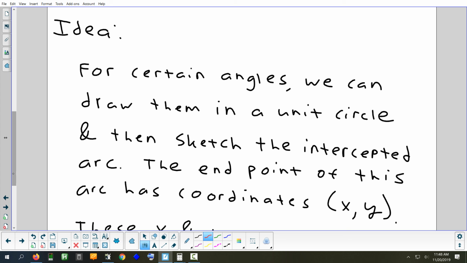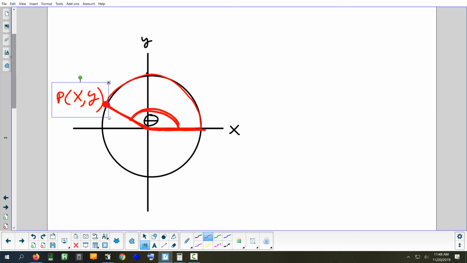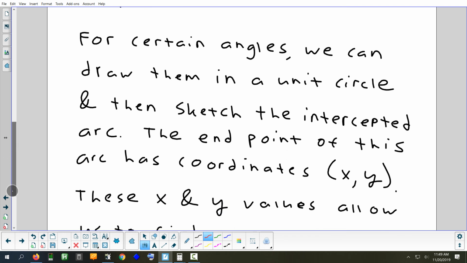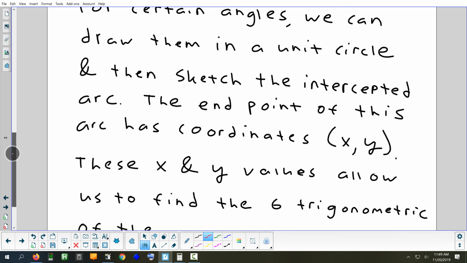So for certain angles, by certain angles I mean multiples of 30 and 45, you can draw them in a circle and sketch the arc, and the arc has an endpoint right here. That's where the arc would end. That endpoint has a coordinate, which we can figure out, if you know unit circle trig.